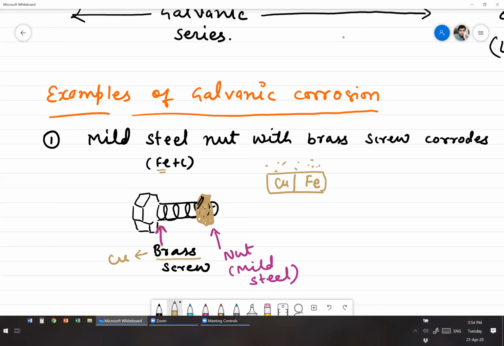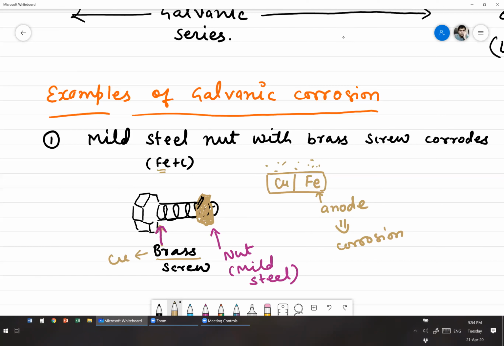Because of this reason, iron metal acts as anode and undergoes corrosion. So that's why when a brass screw is attached with the mild steel nut, the nut gets corroded very fast.